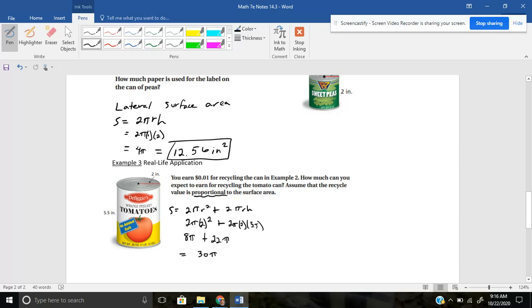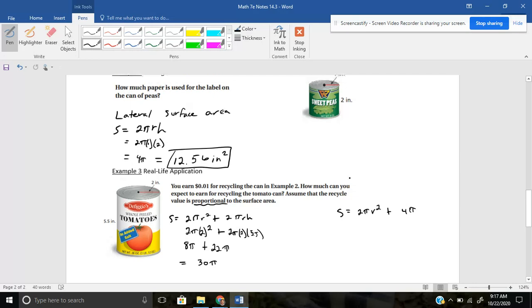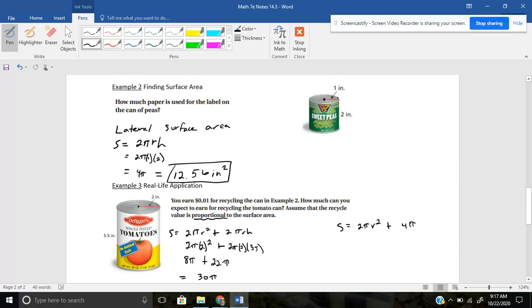And the lateral surface area was 4 pi. So I just need to do 2 pi times radius squared plus, I already found my lateral surface area was 4 pi. So my radius in this one was 1. So 1 squared, 1 times 1 is still 1, times 2 is 2.